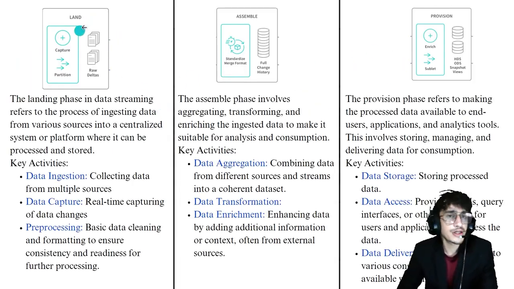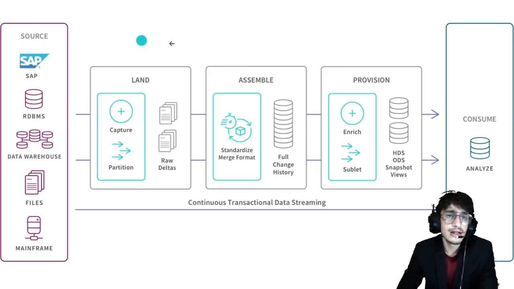Okay, first of all, land. As the name suggests, here our data is coming in. The landing phase in data streaming refers to the process of ingesting data from various sources into a centralized system or platform where it can be processed and stored. What land is doing is just taking the data from the sources and storing it in a temporary storage.